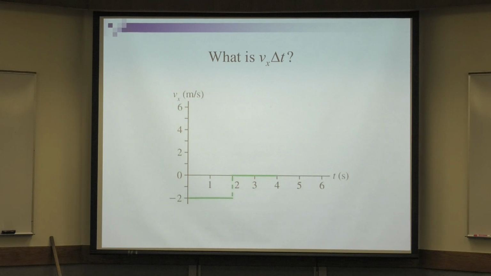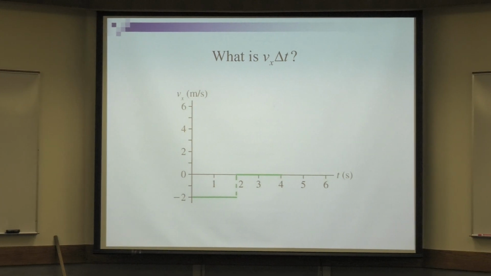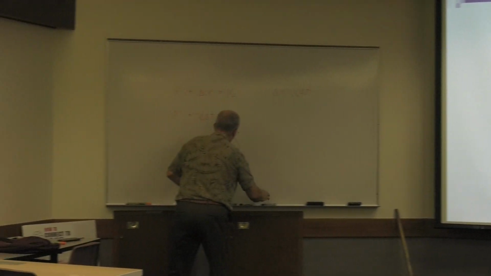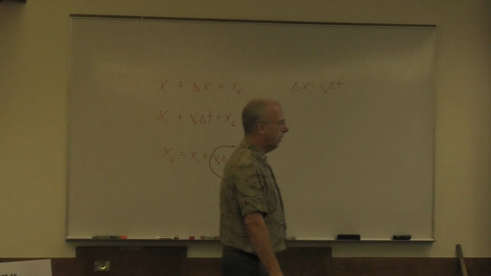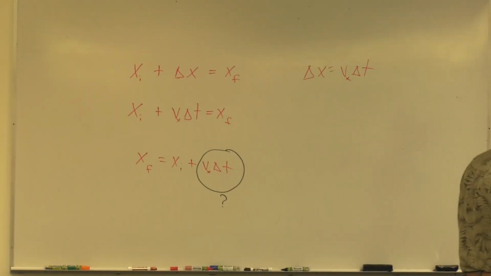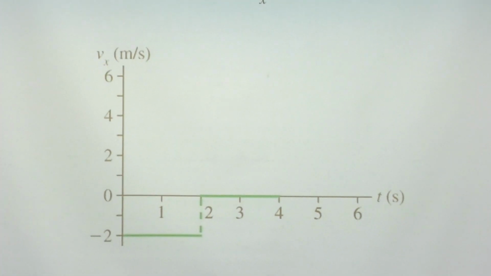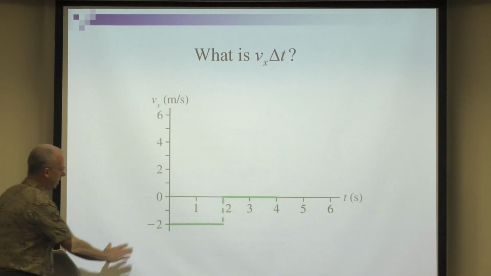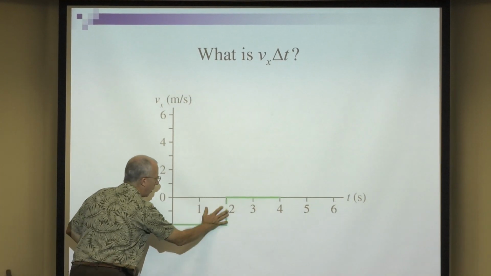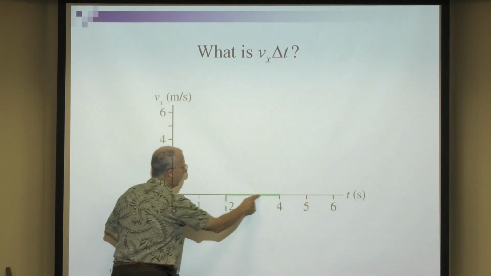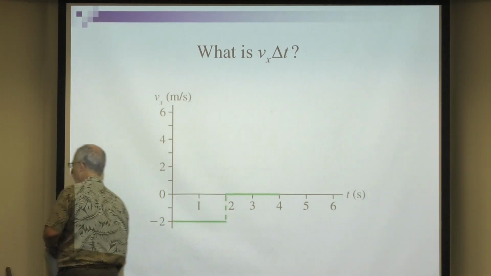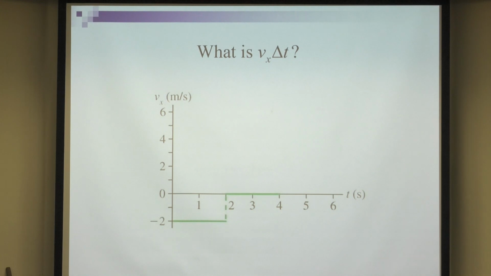So really I'm asking, what is v delta t for this graph? Look at it. Well, it's just this area. It's the area under the curve. Here it's 0, but there it is. So let's do it.